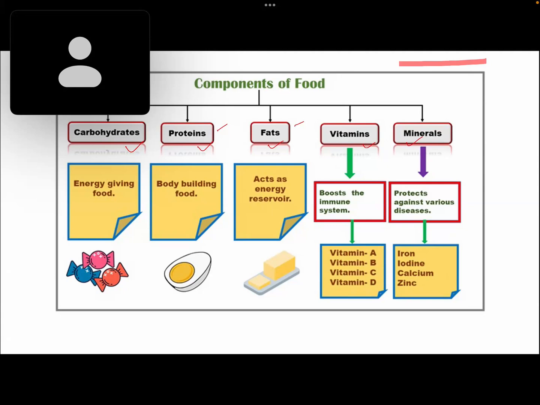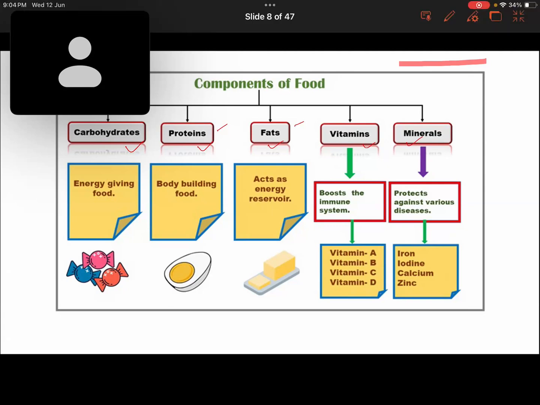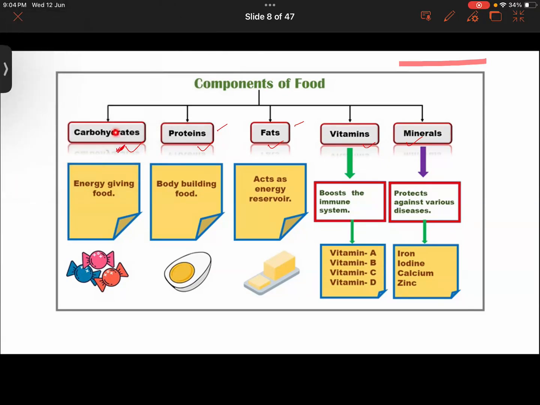The tests we studied were for the presence of starch, which is a type of carbohydrate, for protein, and for fat.